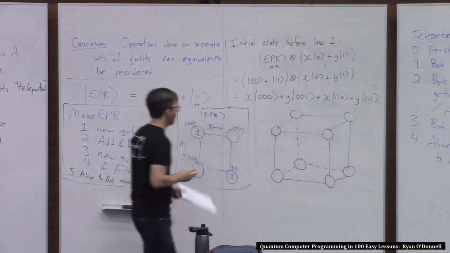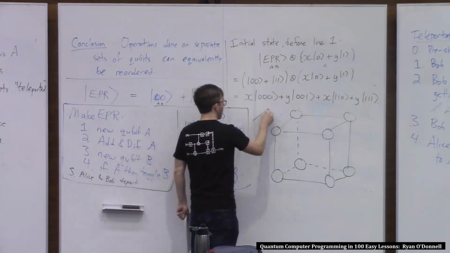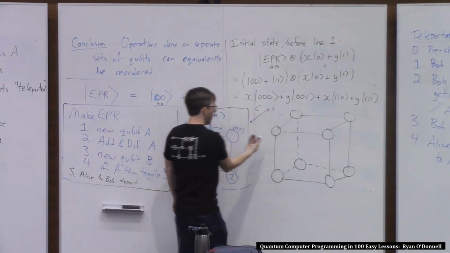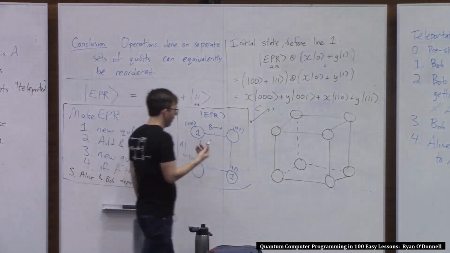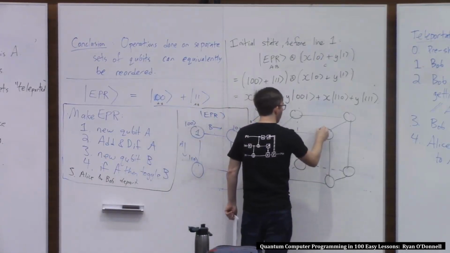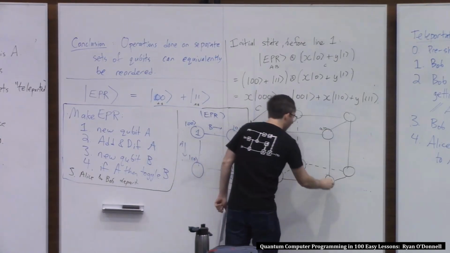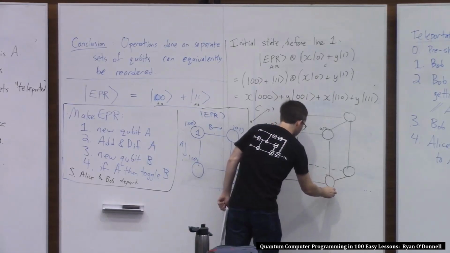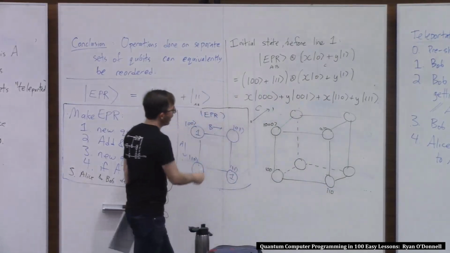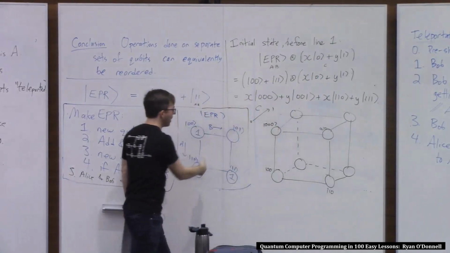Okay, so that's that. So the front face, this is C, here's 0 and 1. The front face is when the C qubit is 0. This is 0,0,0, 0,1,0, 1,0,0, and 1,1,0. On the C equals 0 part, we have EPR times x. So we just take this picture and multiply it by x.